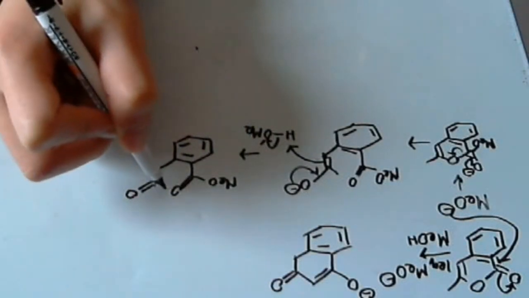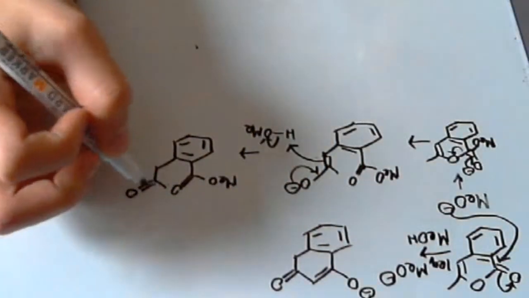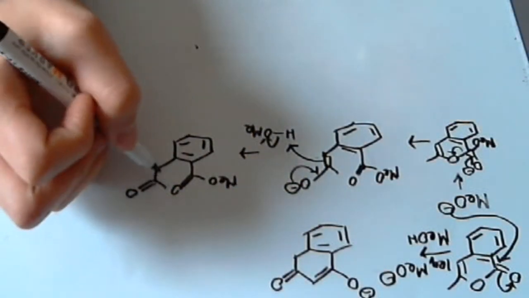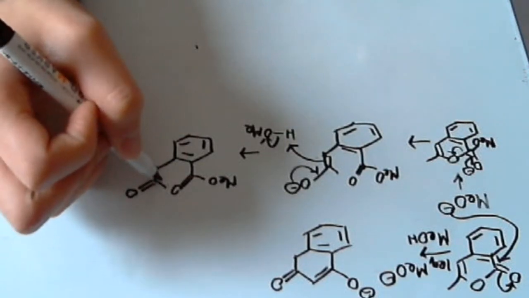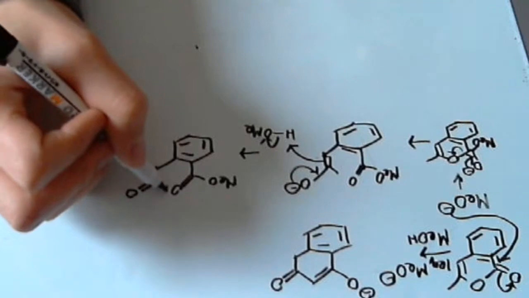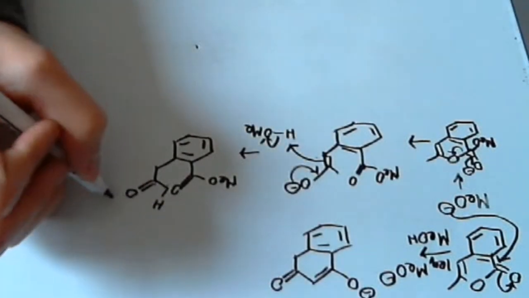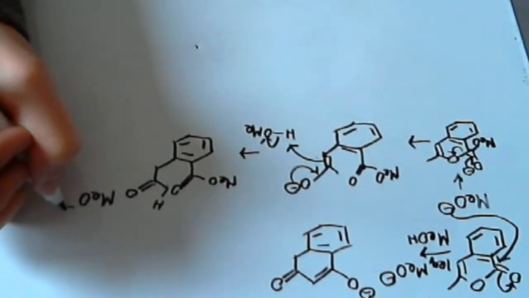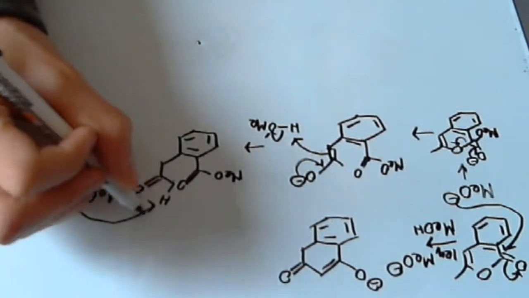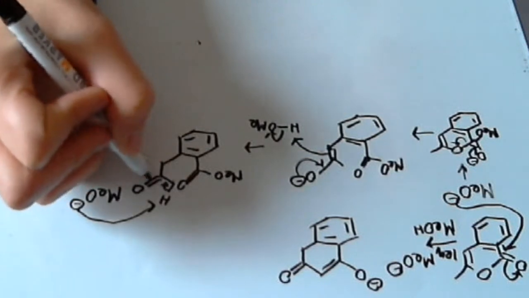That carbon is not part of the ring. Okay, and so now what's going to happen? Well, we have a keto form, so we'll form an enolate because this hydrogen is now acidic. Right? So you take your base, deprotonate that hydrogen, and we'll form the enolate.